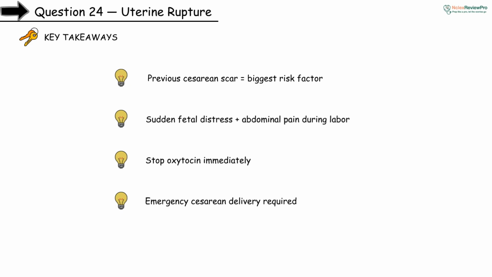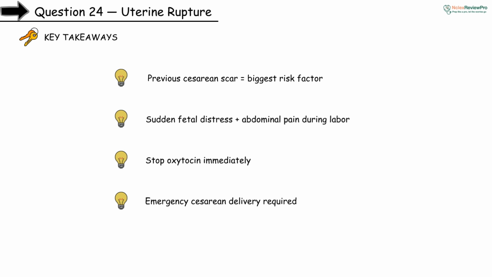Uterine rupture is a life-threatening obstetric emergency most commonly associated with a previous cesarean scar and increased uterine stress from oxytocin, and it presents with sudden fetal distress and maternal symptoms requiring immediate discontinuation of oxytocin and rapid preparation for emergency cesarean delivery to prevent fetal hypoxia and maternal hemorrhage.